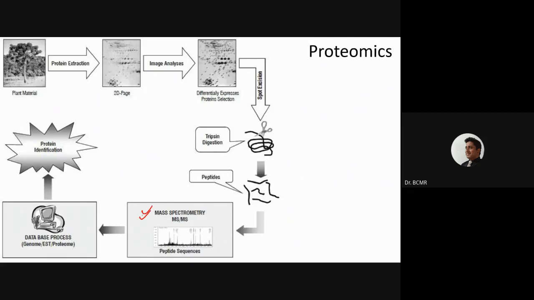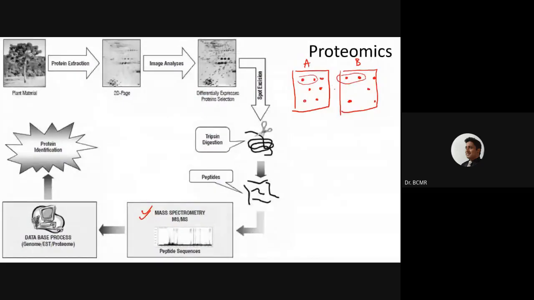We can compare different types of organisms and perform two-dimensional gel electrophoresis. Say, for example, I performed two-dimensional gel electrophoresis of sample A and sample B. If I have a gel something like this, the common bands mean they are expressed in both the cells.